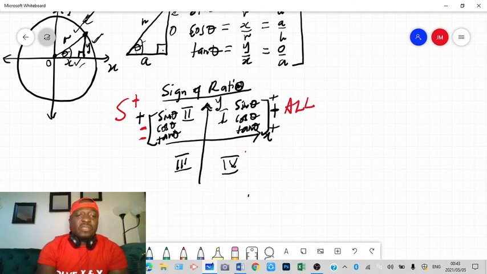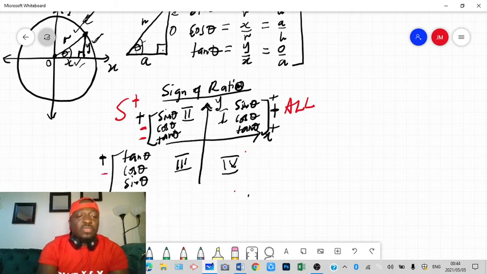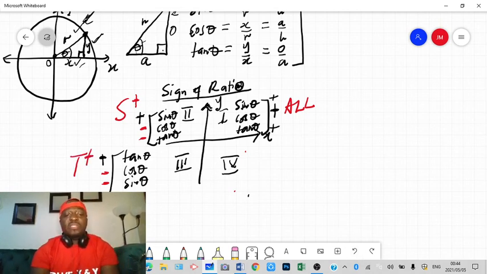In the third quadrant, your tan theta, your cos theta, and your sine theta, this is the behavior in the third quadrant. Your tan will be positive, but your cos and your sine are going to be negative. So in the third quadrant, tan, let's put it as big letter T, tan is positive.